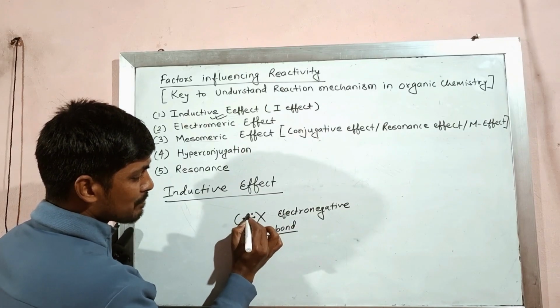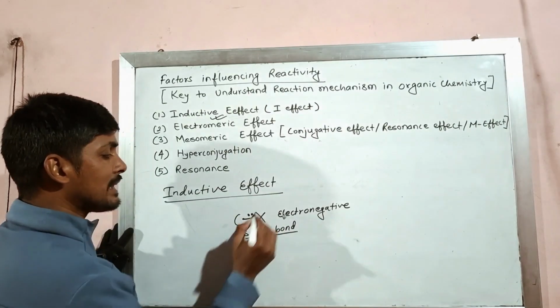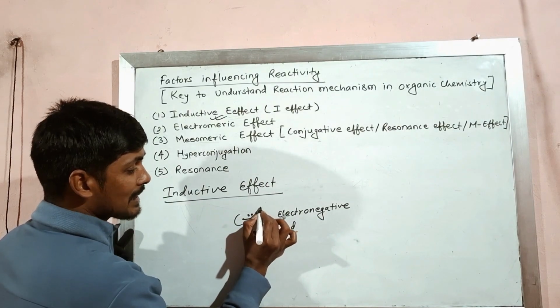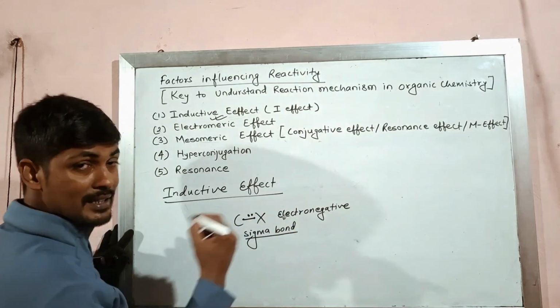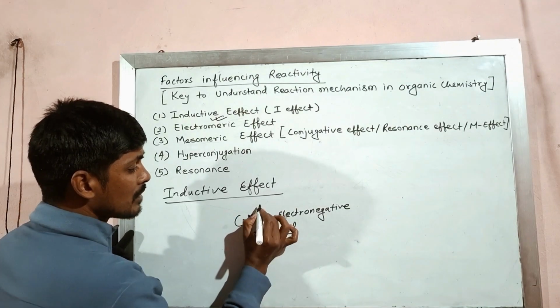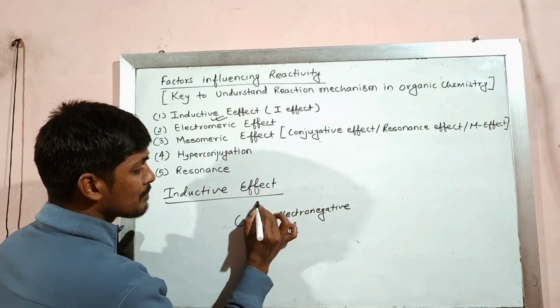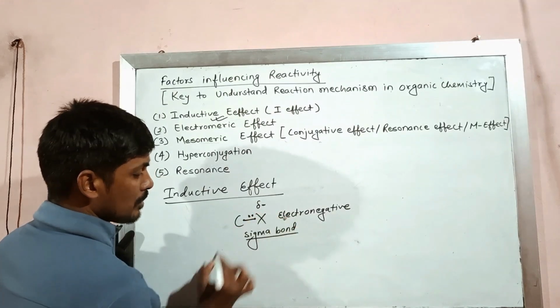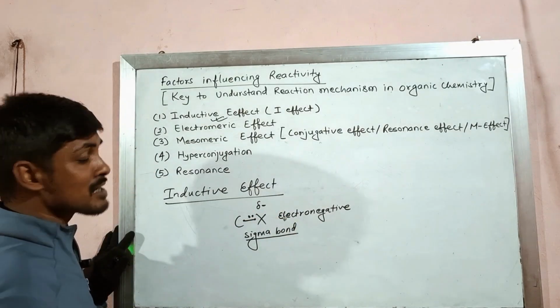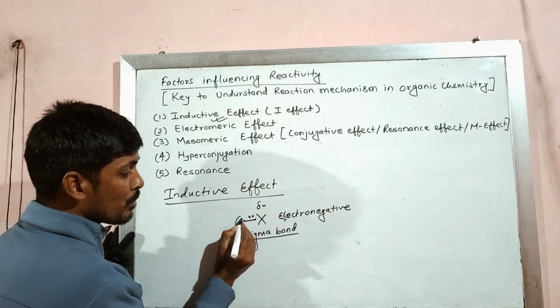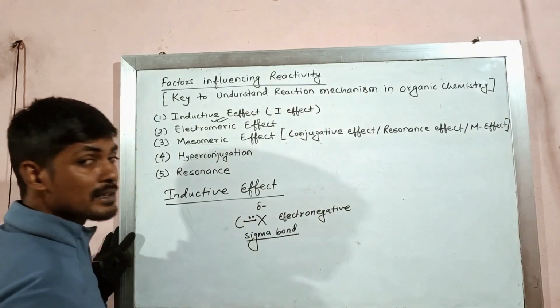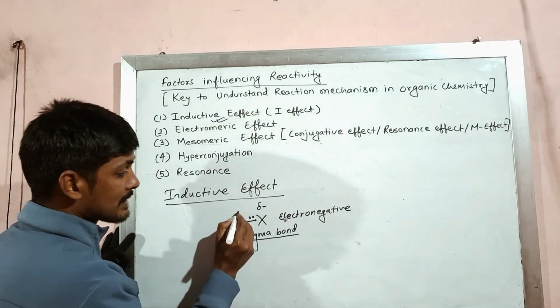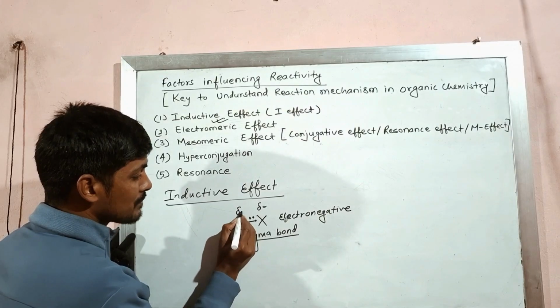Due to this shift, in this X atom, or halogen atom, a slight negative charge develops. At the same time, as the electrons move away from the carbon atom, it develops a slight positive charge.